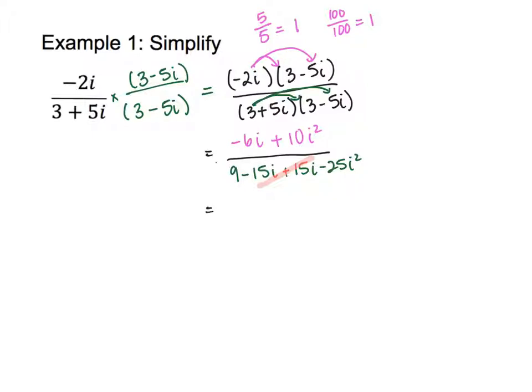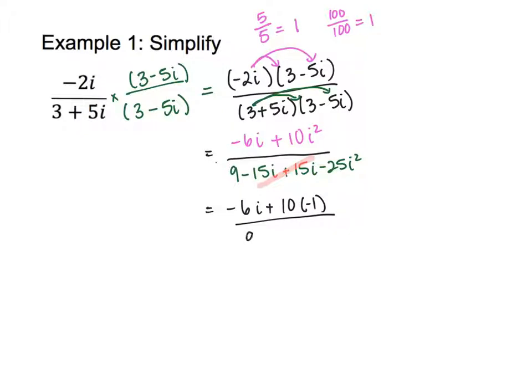So the top here, I have negative 6i plus 10i squared, but remember, i squared is just negative 1. So in place of i squared, I'm just going to write a negative 1. And then the bottom, I just have left this 9 and this negative 25i squared.